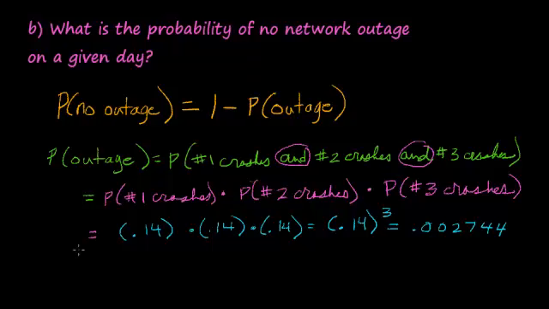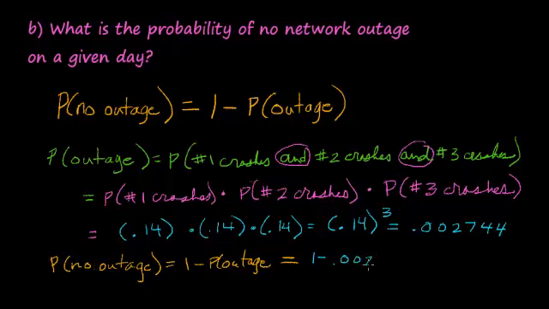The probability of no outage, we said, let's fix that. No outage is equal to 1 minus the probability of an outage, which we are saying here is 1 minus 0.002744, and the result of that is 0.997256.